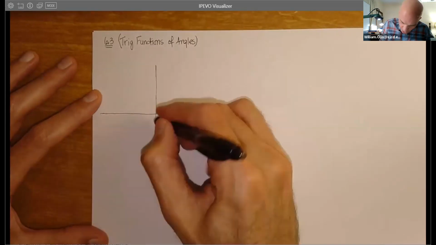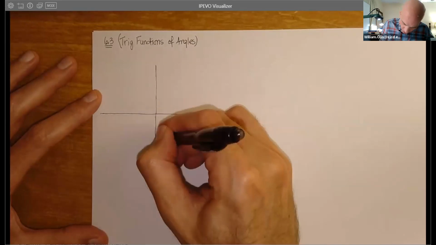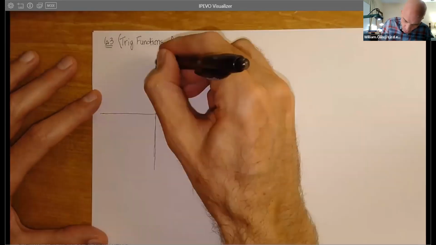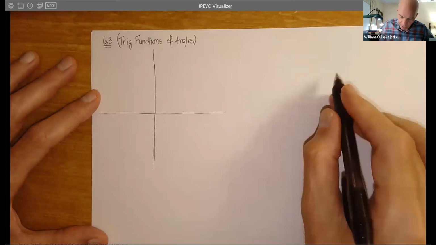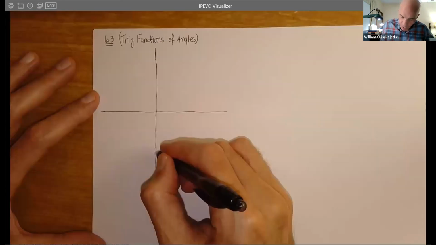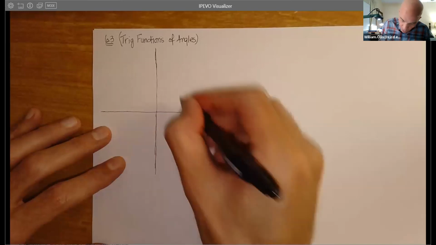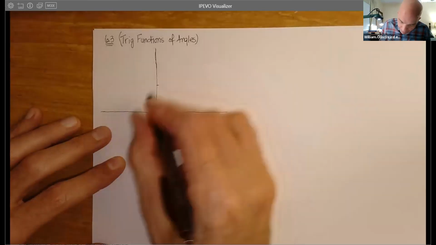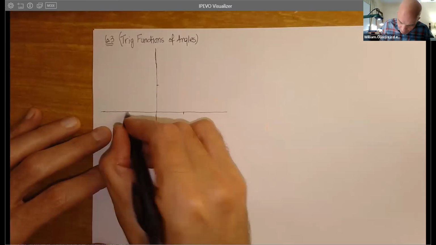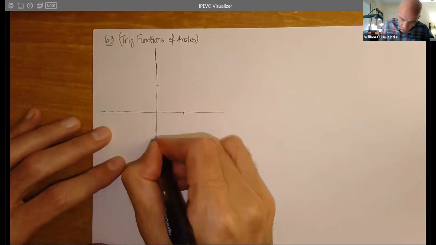We want to make sure that what we're embarking on is actually good, that it's equivalent to the interpretation that we started with the unit circle, and that everything's okay. So let's do a unit circle. So draw a unit circle.